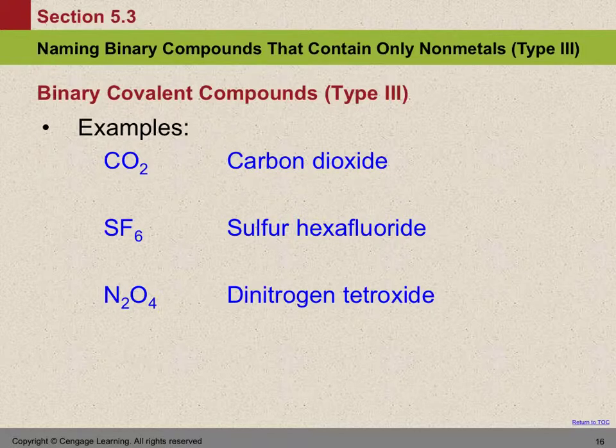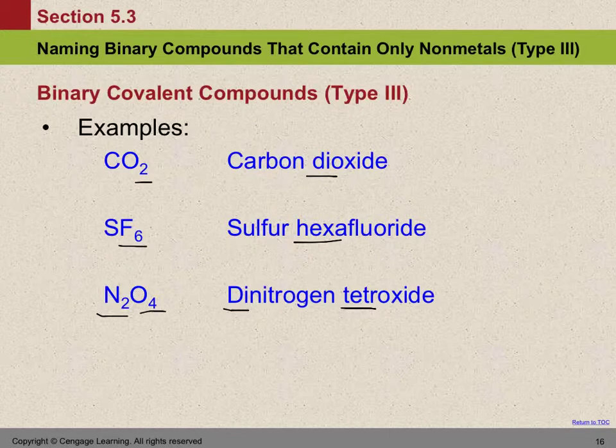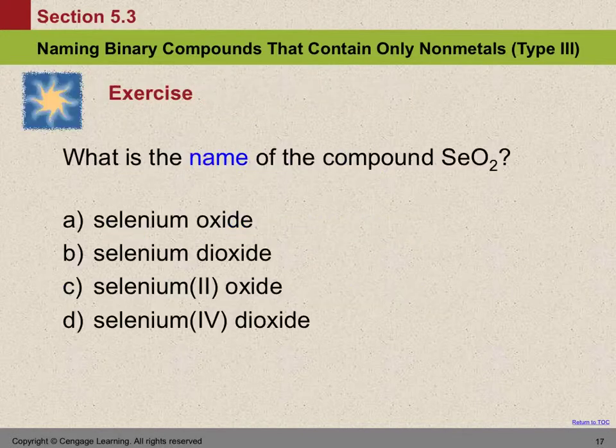Notice the use of di to indicate our 2 oxygens. Sulfur hexafluoride, our hexa for the 6, and then we have dinitrogen tetraoxide, so our 2 nitrogen and 4 oxygen. We do not, though, have to say monocarbon dioxide, because just by saying carbon, that indicates only 1.